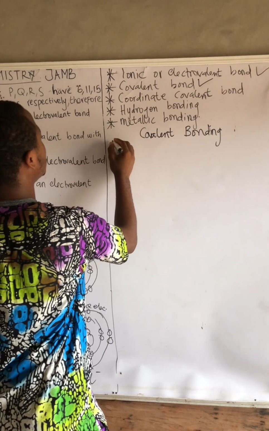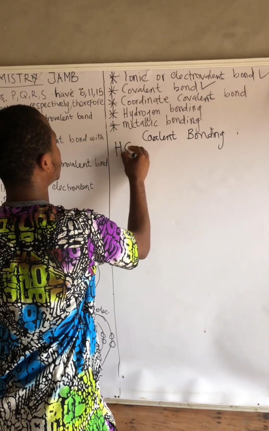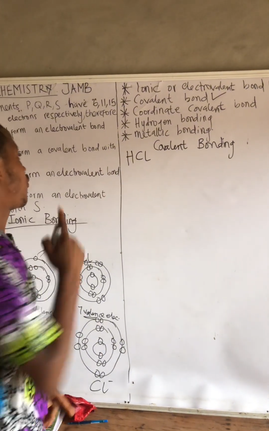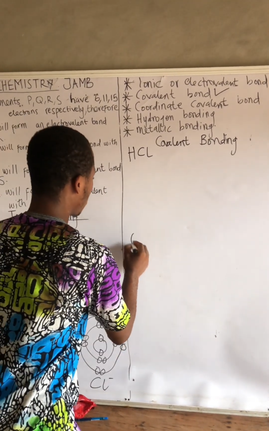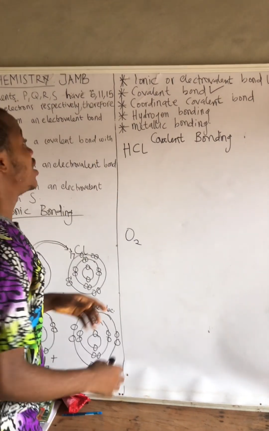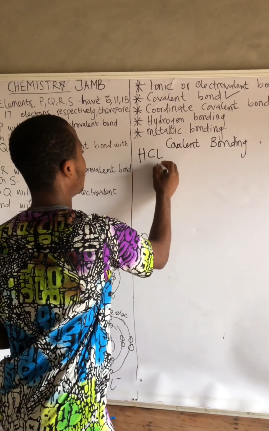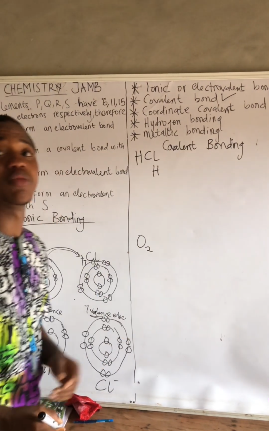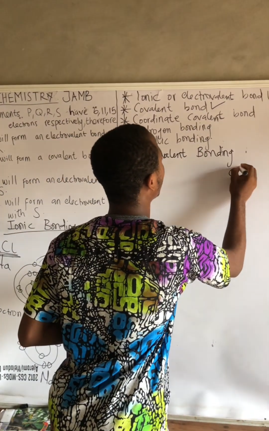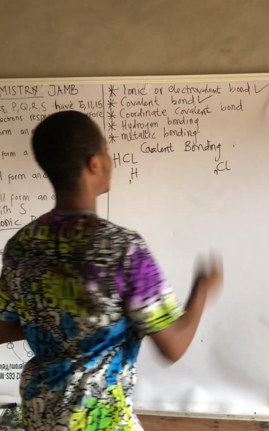Let us use a compound which is hydrochloric acid, which is HCl. First, I'll be using oxygen gas, but let us deal with HCl first. Hydrogen has an atomic number of 1, and chlorine has an atomic number of 17.